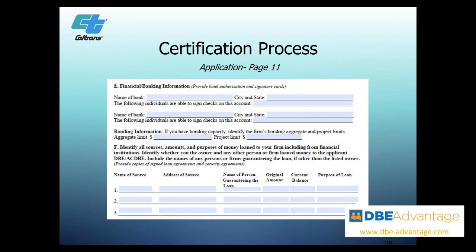You need to identify the source of any funds that are invested or provided to your firm, and that's what this section does. That's important because if you have contribution amounts being provided by others other than yourself, then that needs to be disclosed. But it's also important because part of the requirement is that you as the owner must contribute to the firm, right?